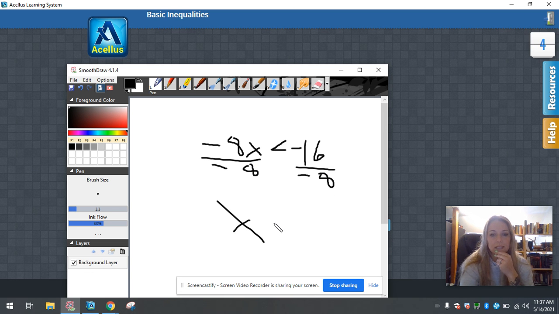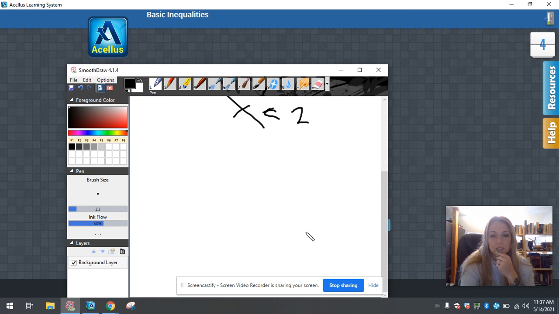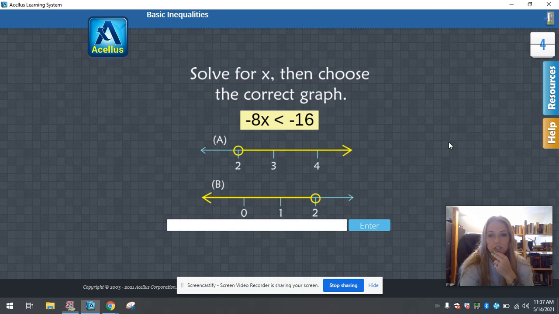X is less than negative divided by negative is a positive. 16 divided by 8 is 2. But since we divided by a negative number, we're going to flip the sign, and we end up with x is greater than 2. So A is the graph that represents that.